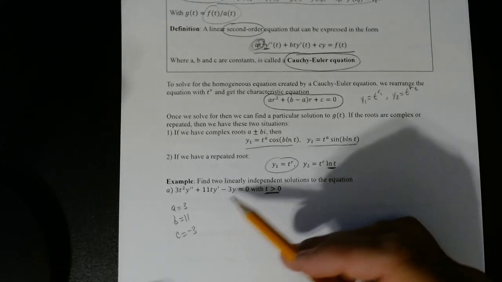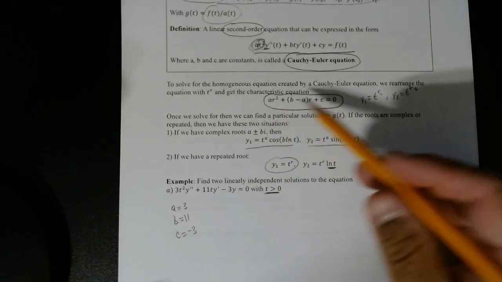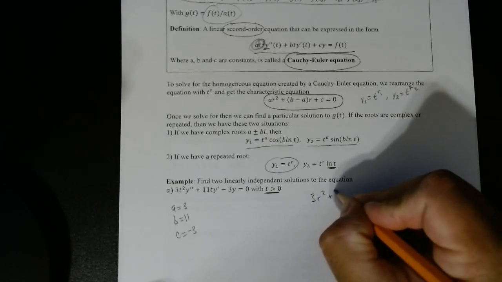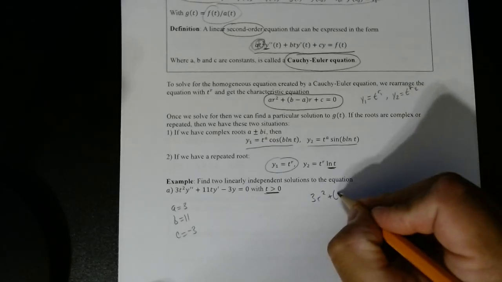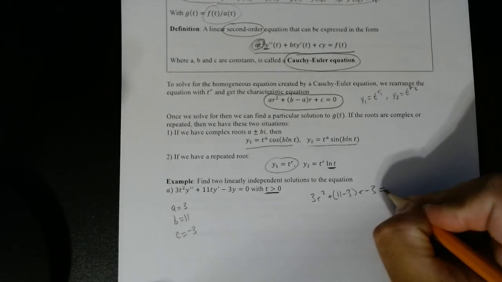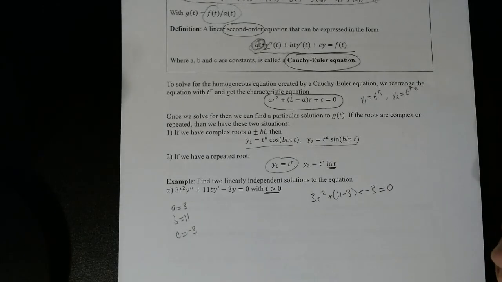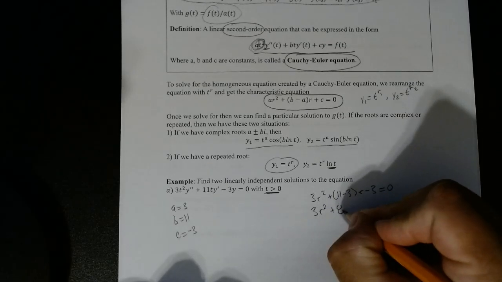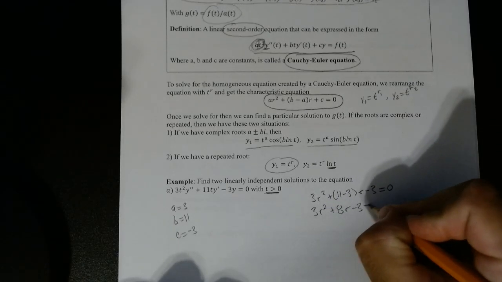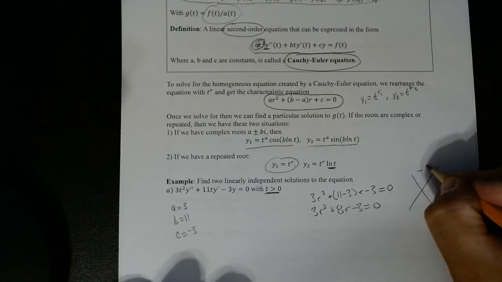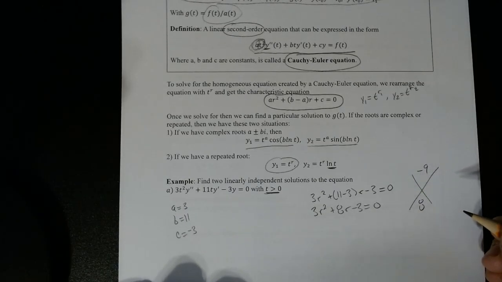If we plug it into our characteristic equation, it's going to be 3r squared plus b minus a, so 11 minus 3, r minus 3 equals 0. Simplifying this a little bit gives us that. Hopefully we can factor this instead of using the quadratic formula, and it looks like we can.